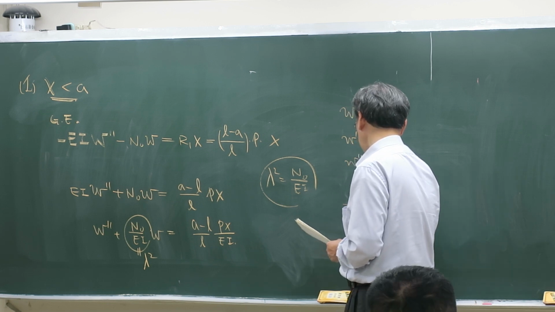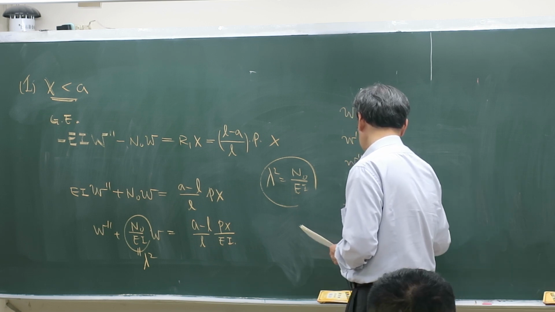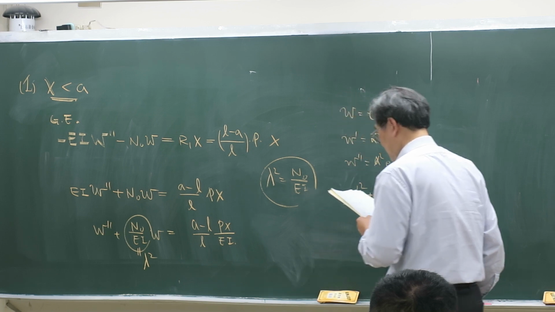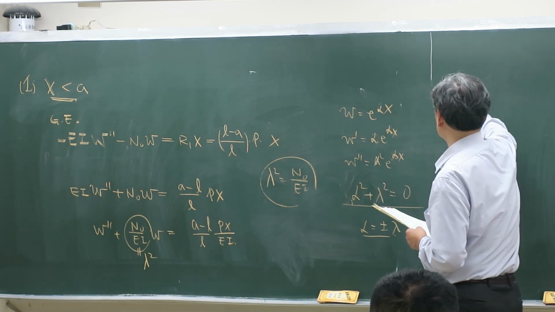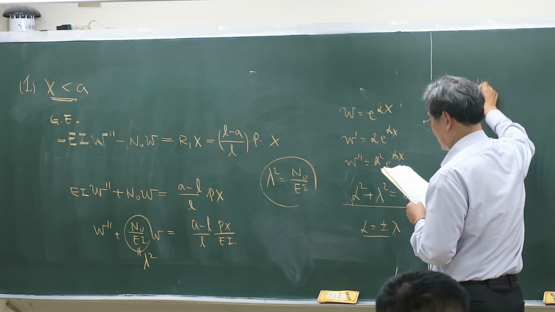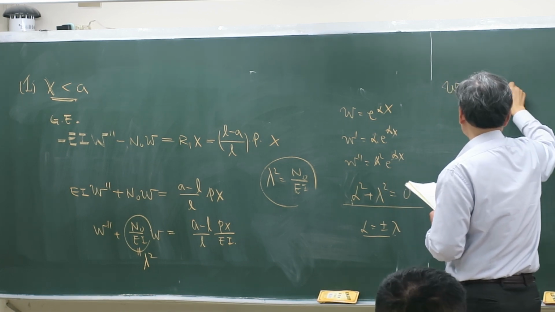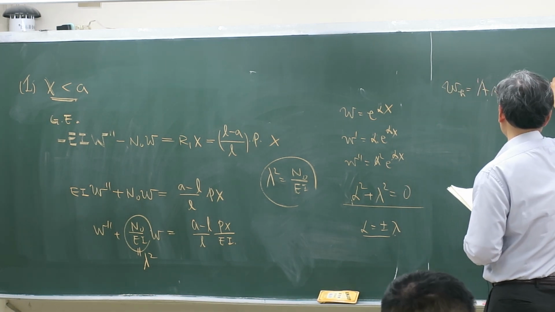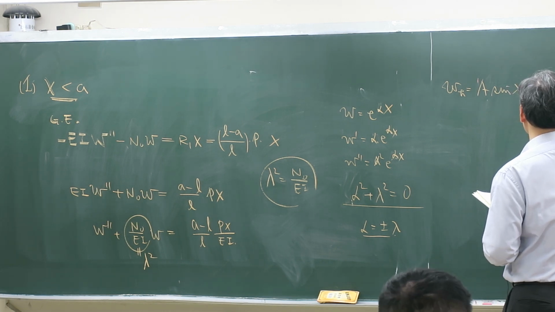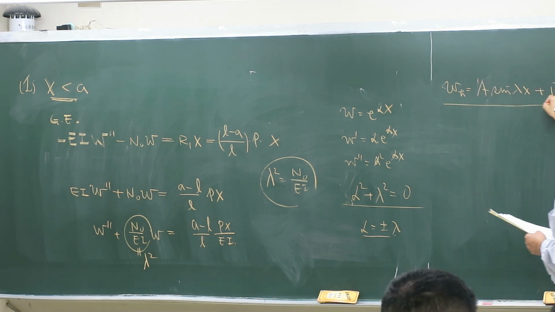So my alpha is plus or minus lambda. Okay. So I have a homogeneous solution as A sine lambda x plus B cosine lambda x. It's my homogeneous solution. Okay.